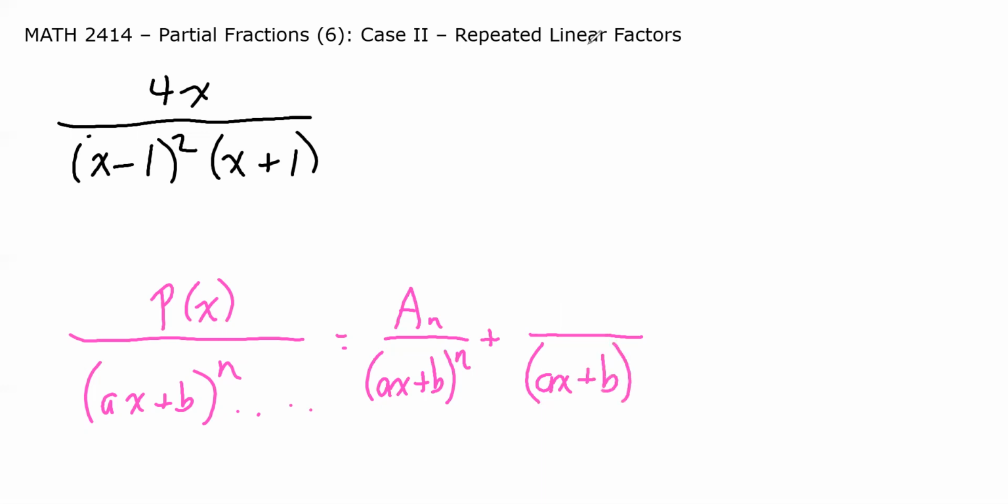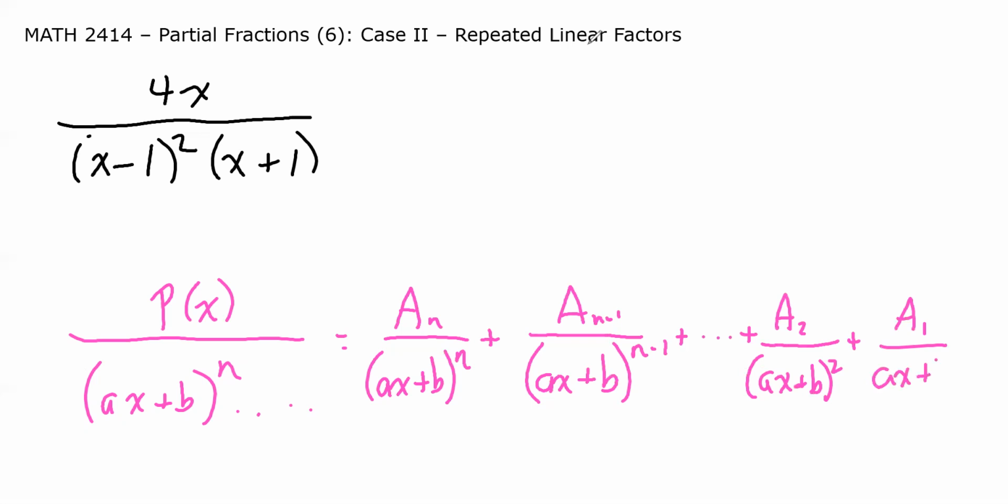So the highest power was n, then we would need n minus 1. Call that a n minus 1. And we would represent every possible power of that linear factor all the way down to 1. So we'll have a constant on top, we'll call it a2, on top of ax plus b squared. Then finally, some constant on top, we'll call it a1 over ax plus b to the first power.